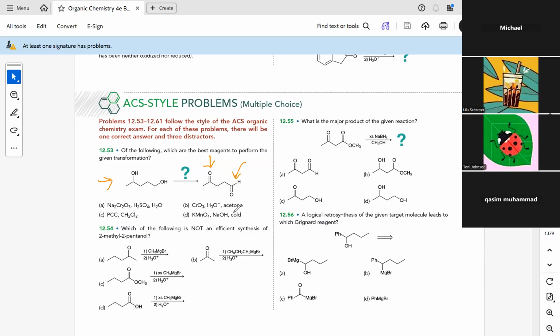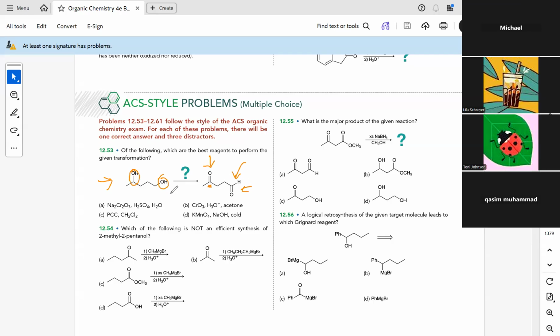So if you recall, if we have two hydroxyl groups, one primary and one secondary, our secondary alcohol is going to be oxidized to a ketone. And then my primary alcohol here is going to be oxidized to an aldehyde. I know both of these are oxidized because I've increased my carbon-oxygen bonds from one CO bond to two in the carbonyls. So what reagent can accomplish this?